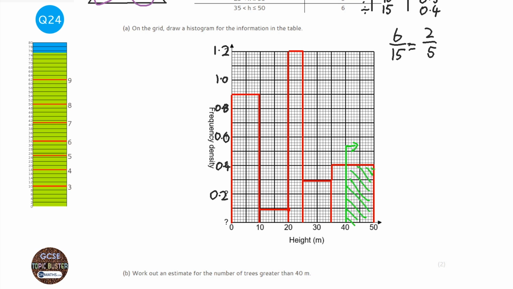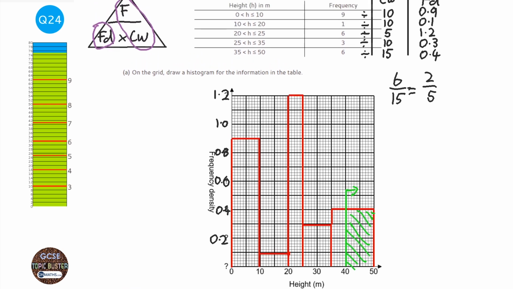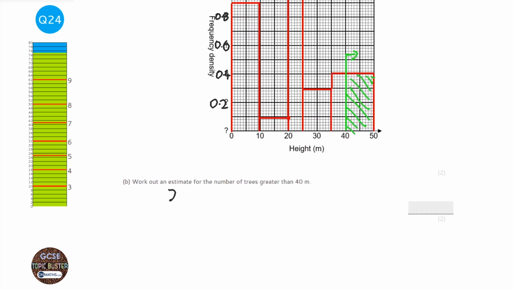Well, if you look at it, I've shaded in 2/3 of that last group. In the last group there are 6. So I want to find 2/3 of 6, because the total frequency for that bar is 6 and we're looking for 2/3 of it. Well, 1/3 of 6 is 2, so 2/3 of 6 is 4.